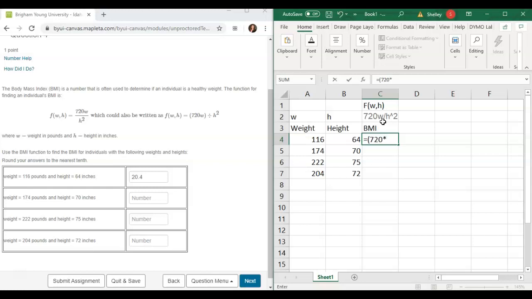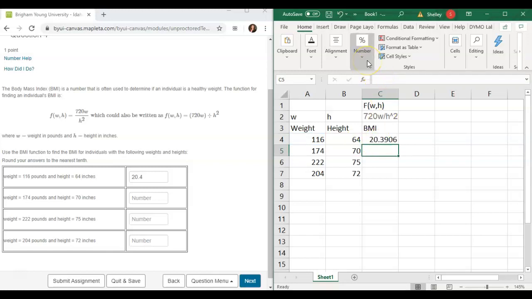So we're going to multiply that by the weight, which is over here, the cell in this one. And since we all have these lined up, when we click and drag, it'll continue referencing those cells. Then we're going to divide by the height, cell reference here, and then Shift 6 to square this, press enter, and that was much faster.